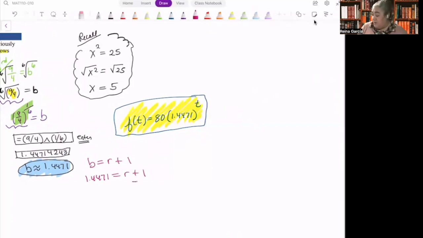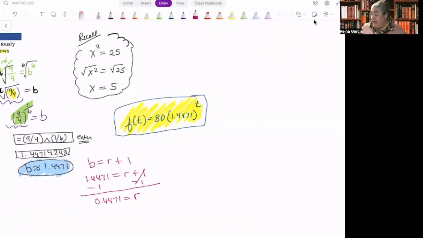And then now we're going to solve for R, which is the rate. So we're going to subtract 1 from both sides. And when that happens, you're left with approximately 0.4471 equals R. That's the rate in decimal form.